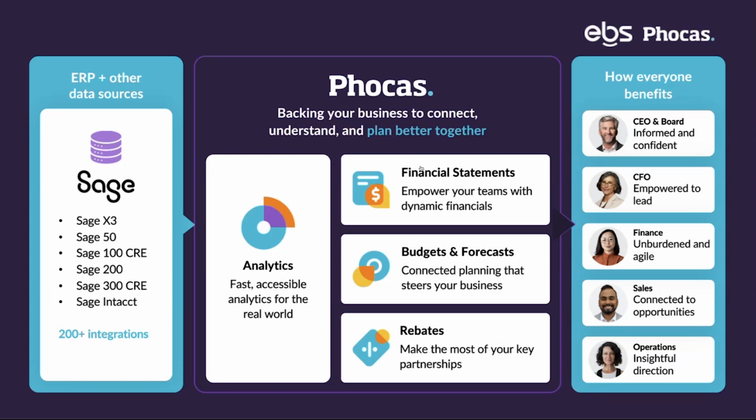For example, if you're at the CEO or board level and you want to stay informed and confident with the direction the business is heading, you can get that from a very high top-down view. Or if you're a CFO that needs to power the business through and make sure the business is performing to sustain growth or work on efficiencies, then Phocas will enable you to make those decisions quicker.